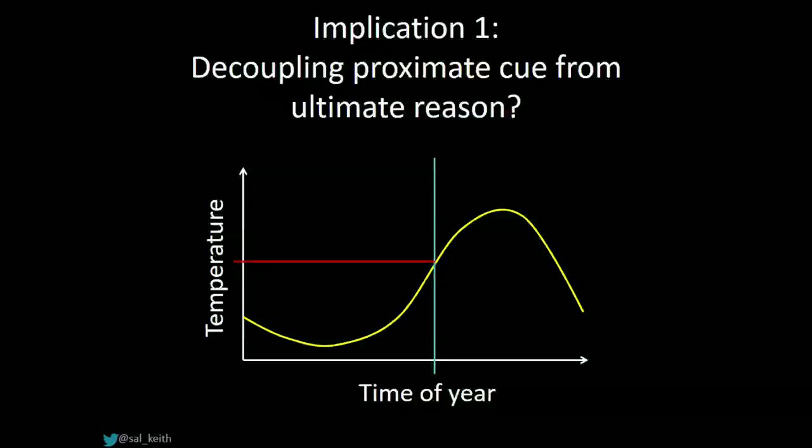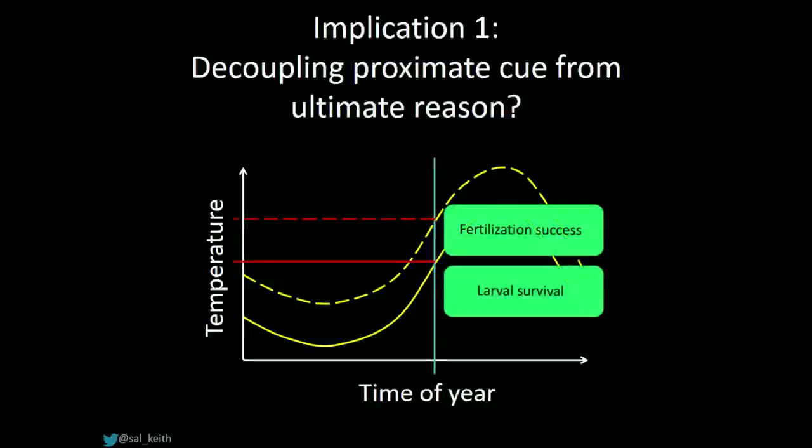If the fastest rise in sea surface temperature over the year is when they're going to spawn, then under climate change we maybe have an increase in sea surface temperature, but the regime is the same. So in theory they're going to spawn at the same time, but they're now going to be under different environmental conditions. Could be a bit of a problem, and maybe something we need to think about is whether that's going to affect fertilization success and larval survival.